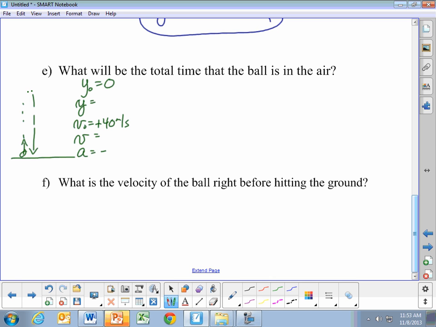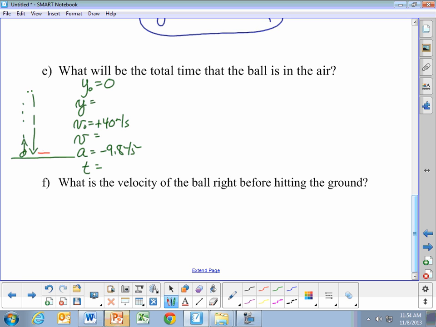The acceleration is still negative 9.8 meters per second squared. So you saw that no matter what part of the problem we were looking at, the initial height, the initial velocity, and the acceleration all stayed exactly the same. But depending on what part we were looking at, the later height, the later velocity, and the time all change. So in this, we're trying to find the total time that the ball is in the air.